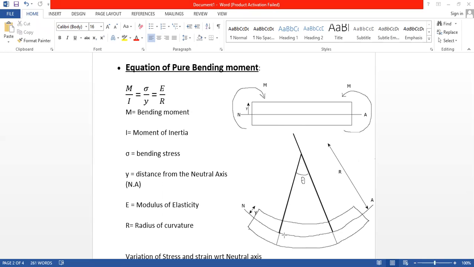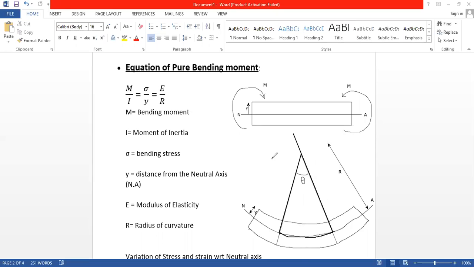So the intersection of these two lines will be in such a fashion that this figure here will represent the segment of a circle.